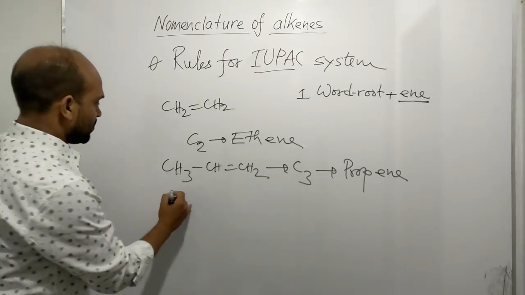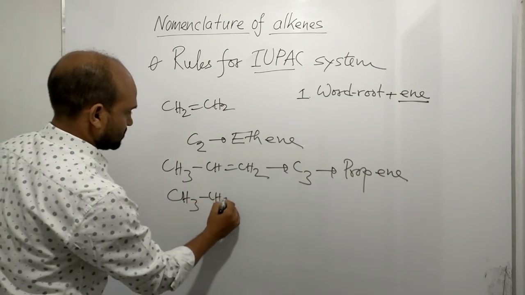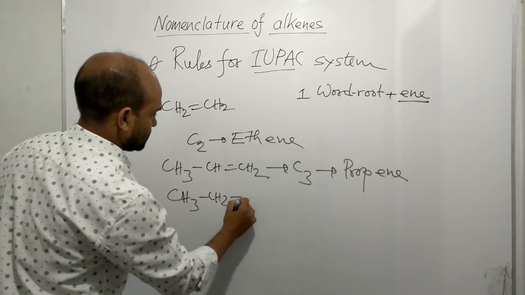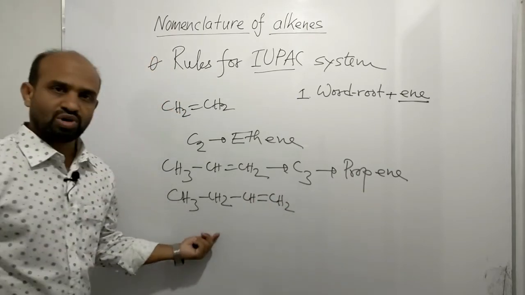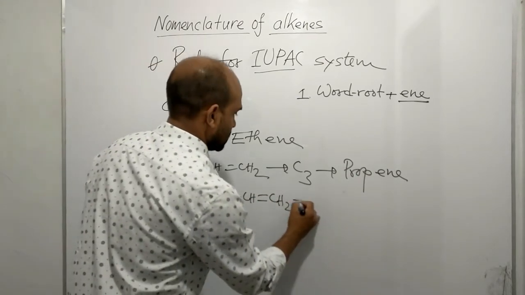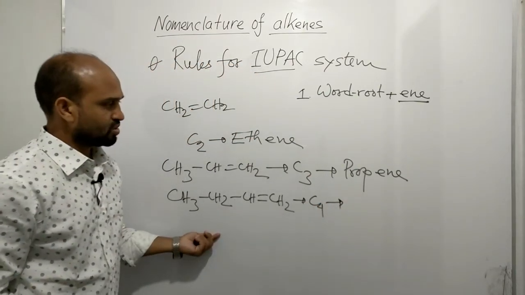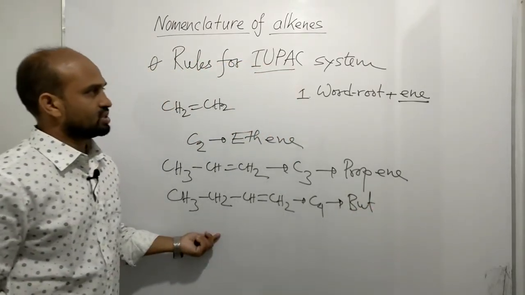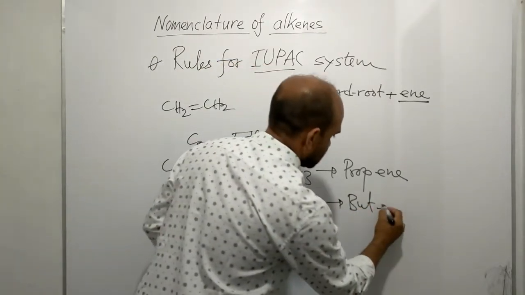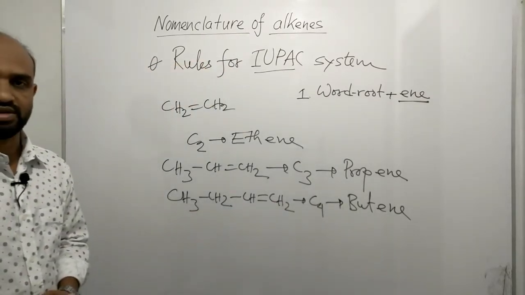Let's see another compound. 4 carbon atoms. Then what is the word root? But. And what is the suffix here? Ene. So its name will be butene.